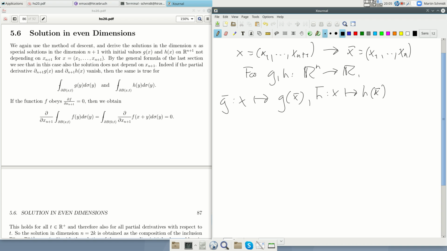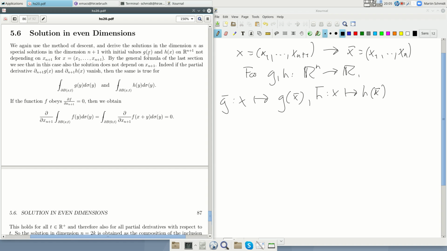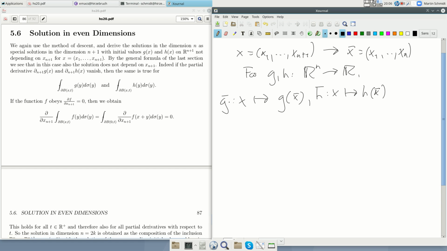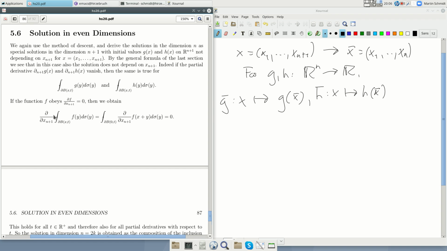These are functions on R^{n+1}. Then we solve the initial value problems for these functions, and we see that the corresponding solution is also independent of x_{n+1}. This follows from this consideration.